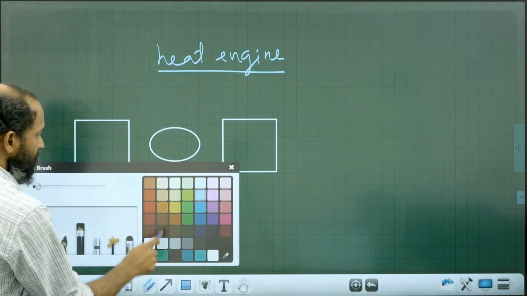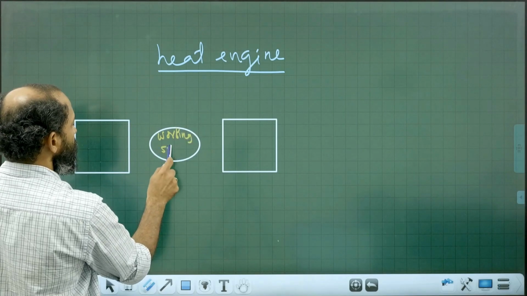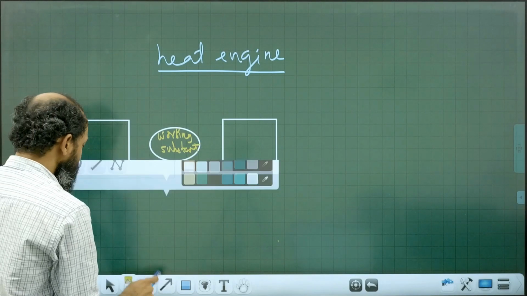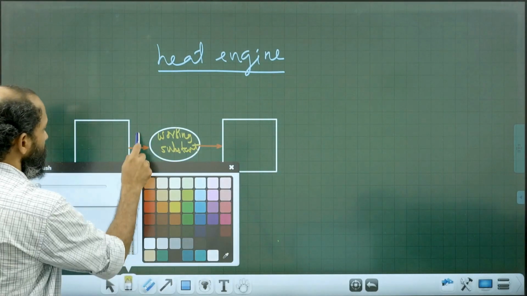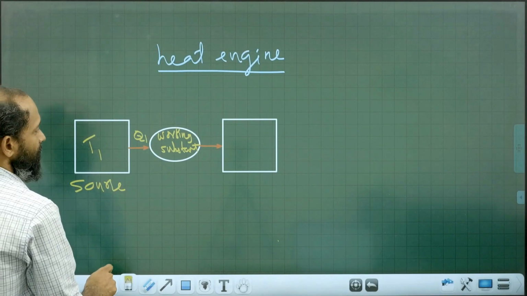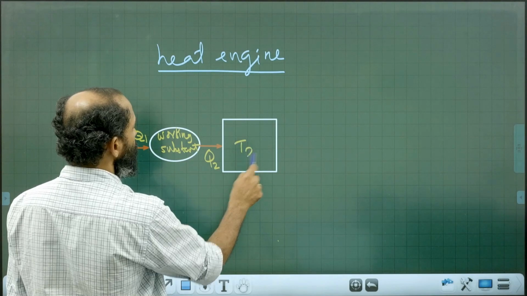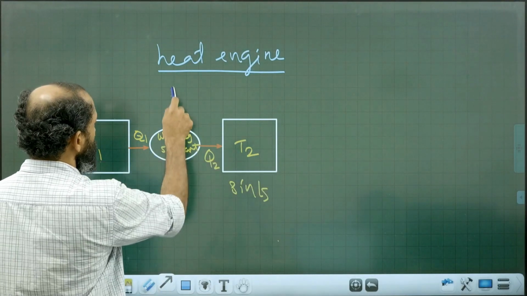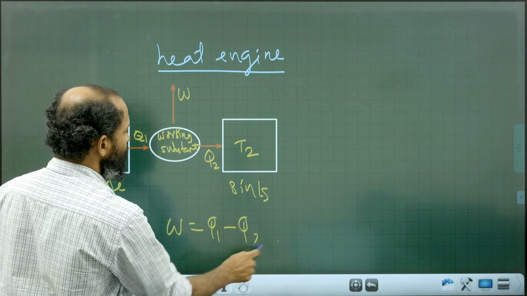It consists mainly of a working substance, maybe some gas, which extracts heat Q1 from a high temperature reservoir called the source and rejects heat Q2 to a low temperature reservoir at temperature T2 called the sink. The difference is performed as work. That is W, and W can be measured as Q1 minus Q2.